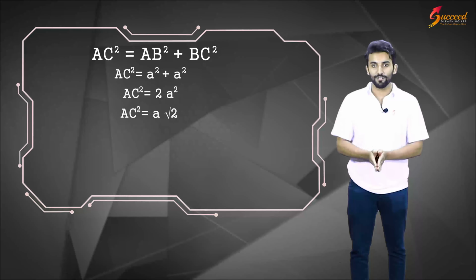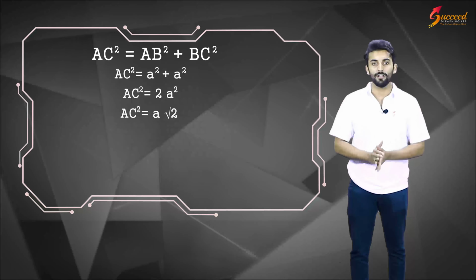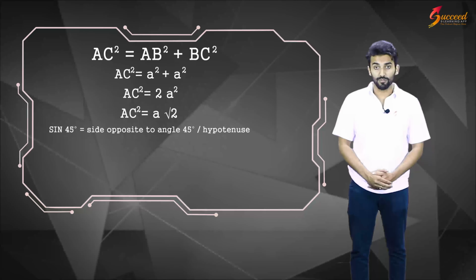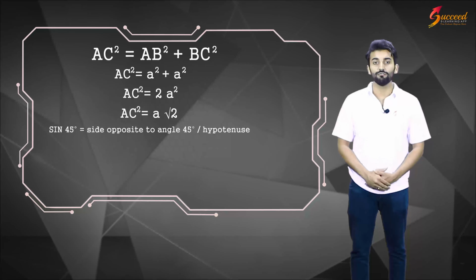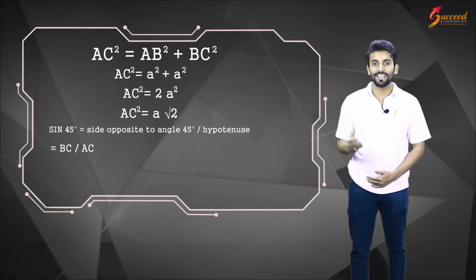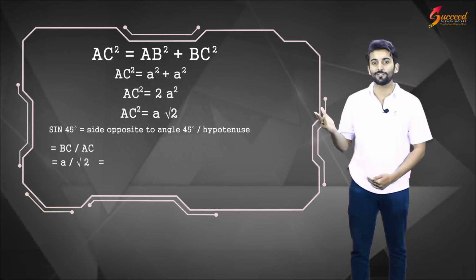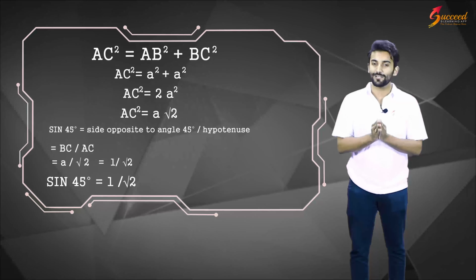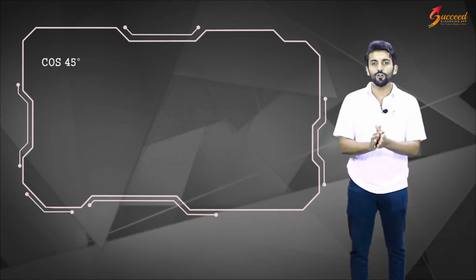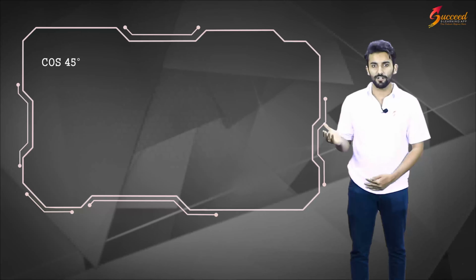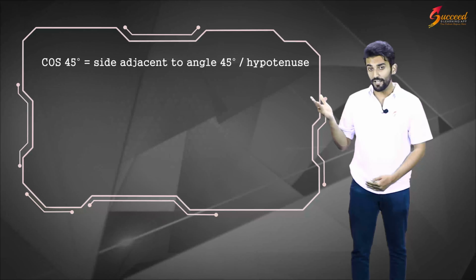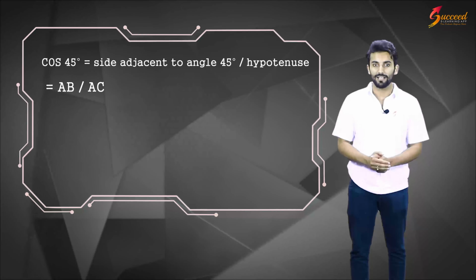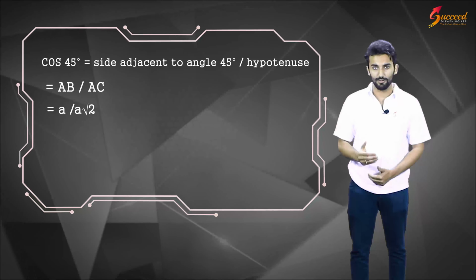Now, by using the definitions of the trigonometric ratios, we have sin 45 degree is equal to side opposite to angle 45 degree by hypotenuse, which is equal to BC by AC, A by A root 2, which is equal to 1 by root 2. So, sin 45 degree is equal to 1 by root 2. Now, let us find cos 45 degree. Cos 45 degree is equal to side adjacent to the angle 45 degree divided by hypotenuse, which is equal to AB by AC, which is equal to A by A root 2.